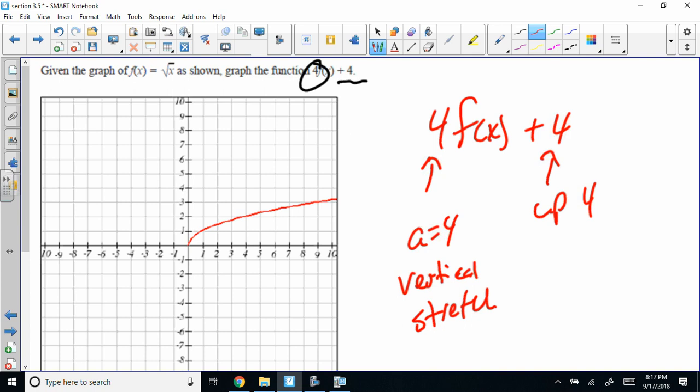I would go this point, that point, that point, right? Now, you're multiplying your output by 4, and then you're adding 4 to it. So the output here is 2, so 2 times 4 is 8. Then I'm adding what? So that would be way on up there, right? Would that be correct? Yay or nay?